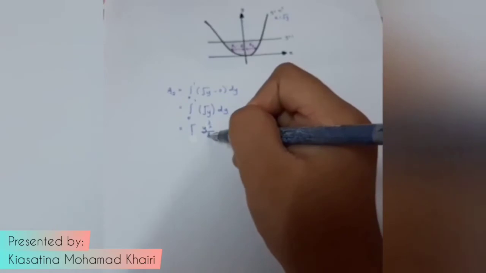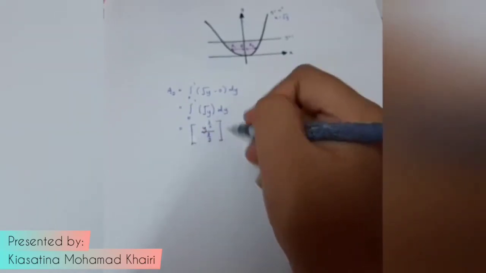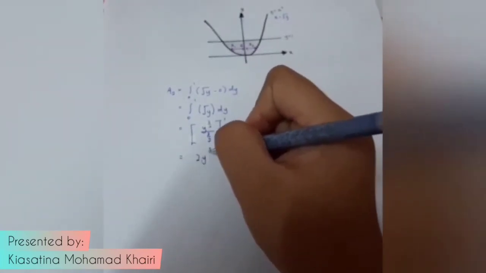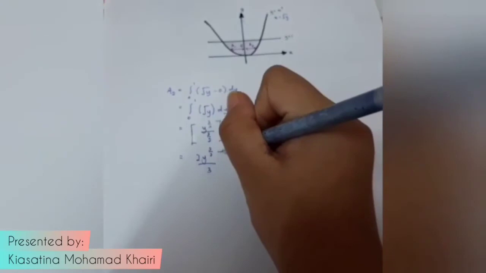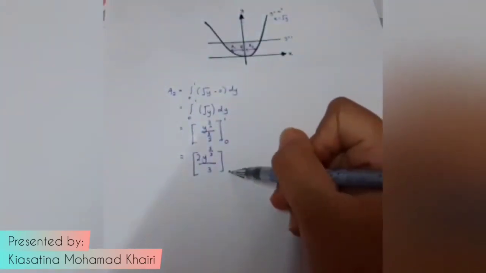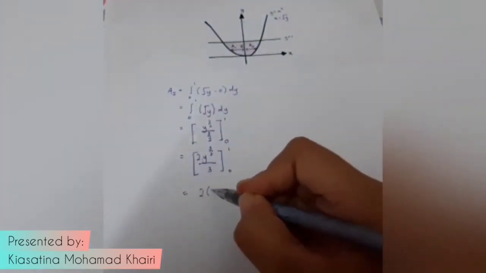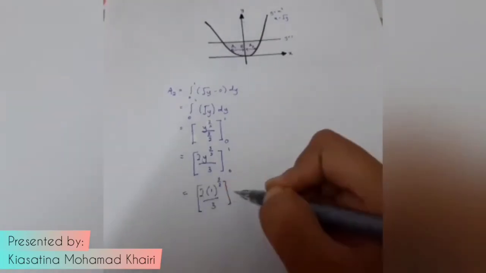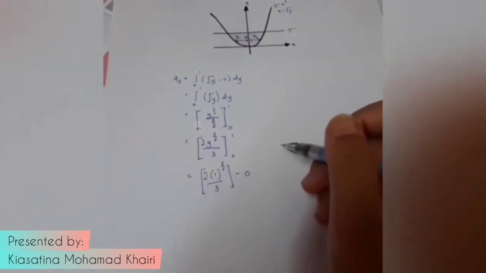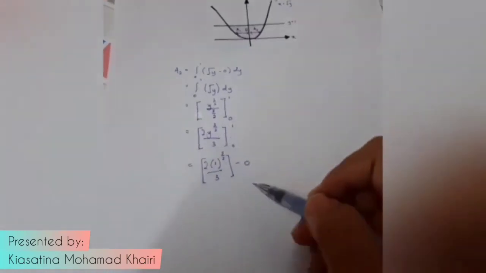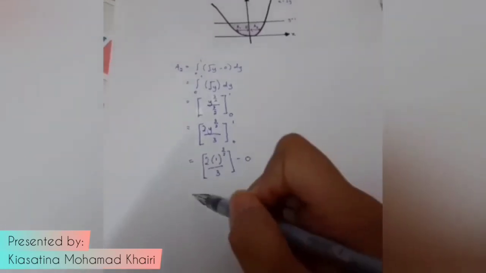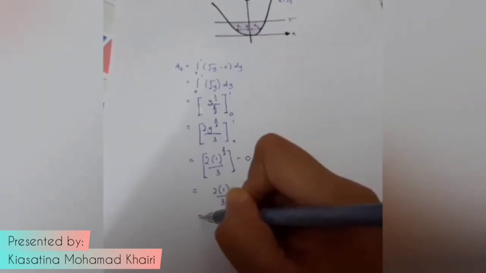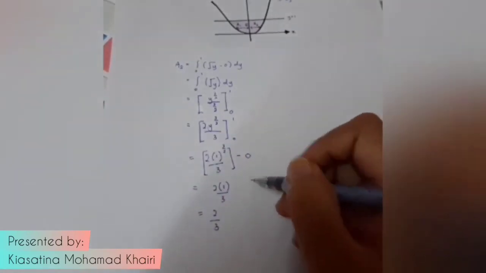After that, we divide by the power, from 0 to 1. After that, we bring 2 to the top and divide by 3. We substitute 1 into y, 2 times 1 to the power of 3 over 2 divided by 3, minus 0. Since when we substitute 0 into y, 2 times 0, everything will become 0. We just put 0 here. And then we got 2 times 1 over 3, and we got 2 over 3 as the answer.